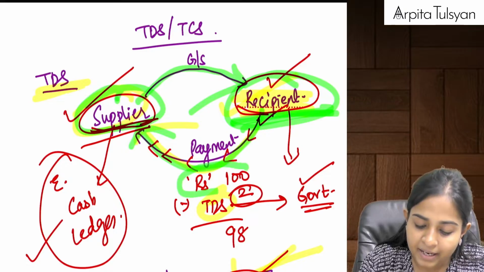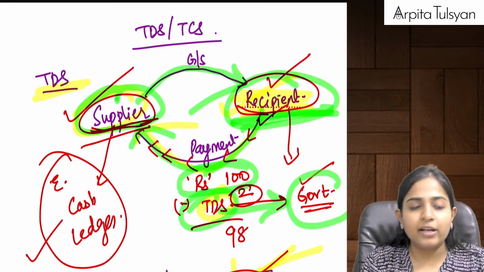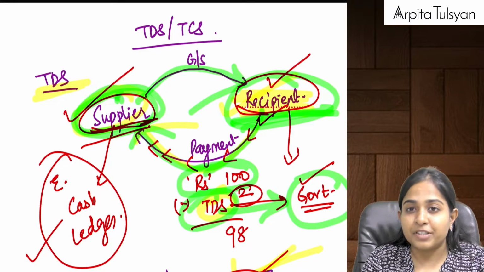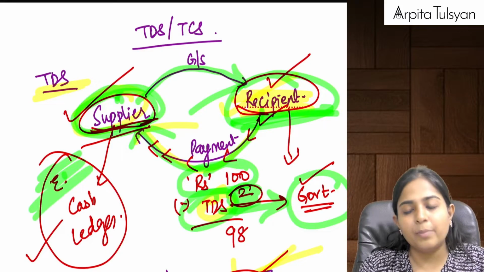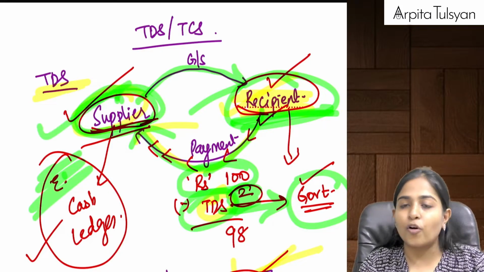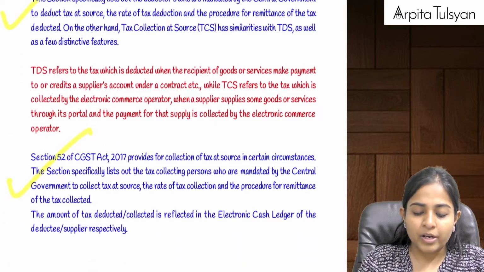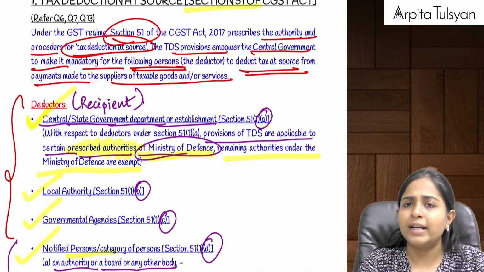When the recipient does the payment, from that it is required to deduct the TDS and pay it to the government. And the supplier whose money was deducted, let's say 2 rupees of TDS was deducted, this amount will be credited to the electronic cash ledger of the supplier, which it can use for discharging its liabilities. Similarly, we are later going to study the concept of TCS. Let's do it one by one.